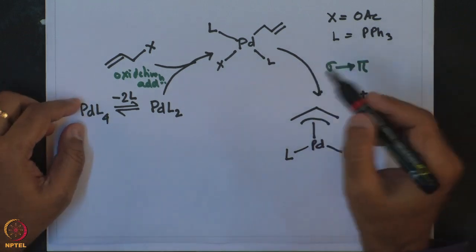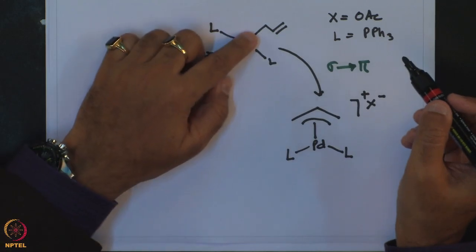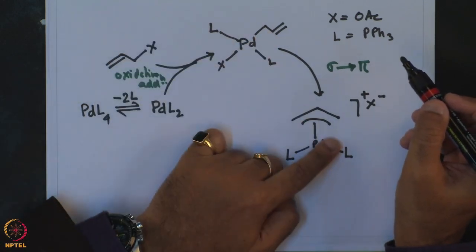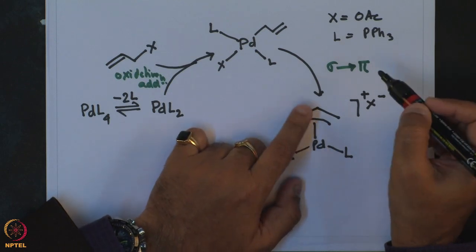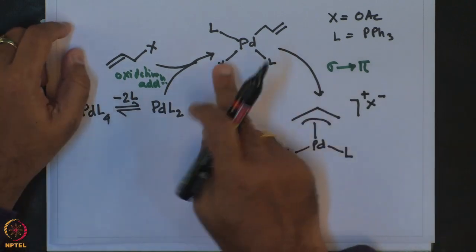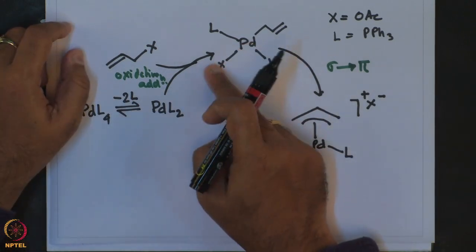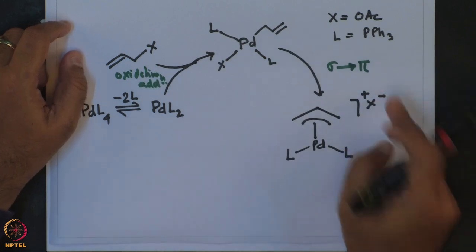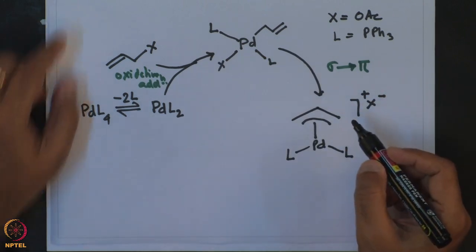So, over here this sigma bonded palladium allyl has become eta 3 bound pi bonded allyl ligand, and this X has dissociated to become a non coordinating counter ion.